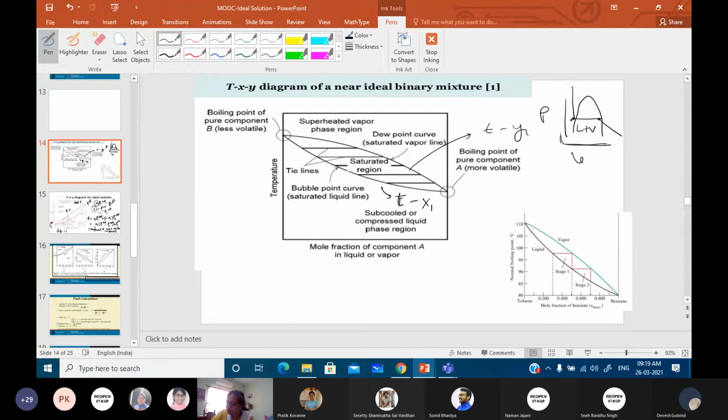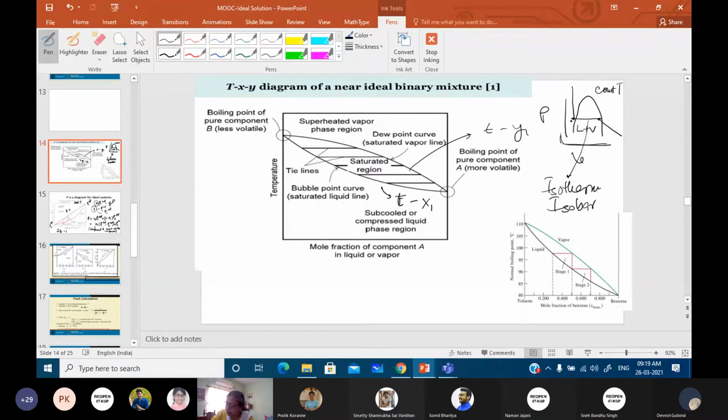Both of these are joined by a horizontal line, which shows that this line is at constant pressure, and since it is at a constant temperature, we say this is an isothermal isobaric line, or this is an isotherm and an isobar.